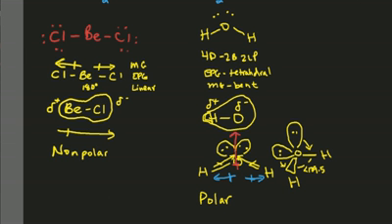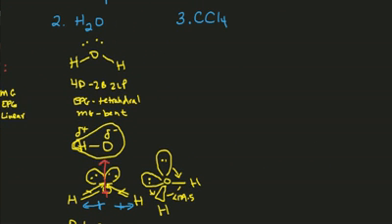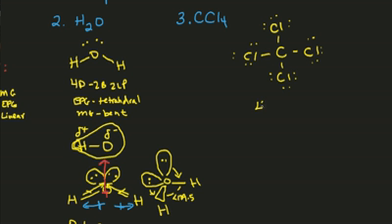Okay, so then let's look at this final example, carbon tetrachloride. Again, if you did the Lewis structure, you would end up with something like this. And then the 4 domains, 0 lone pairs, is going to be both an EPG and an MG of tetrahedral.